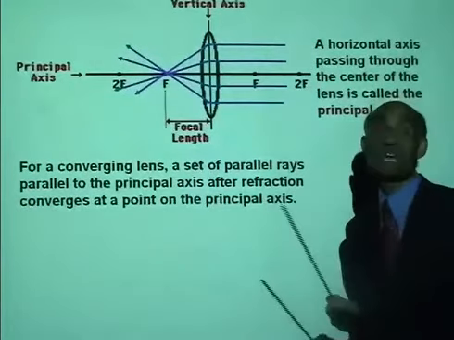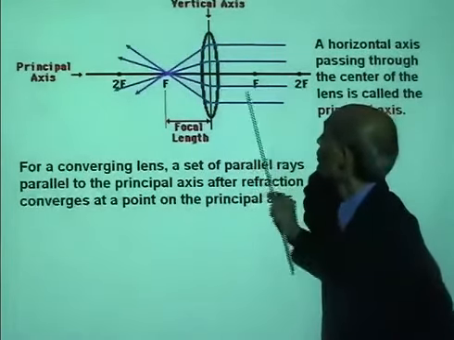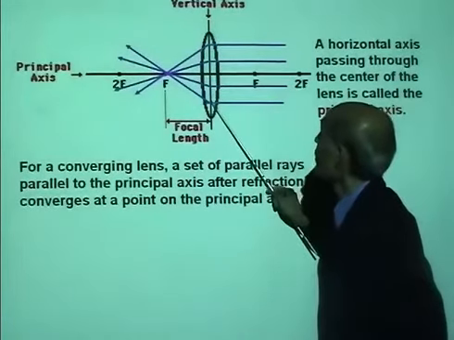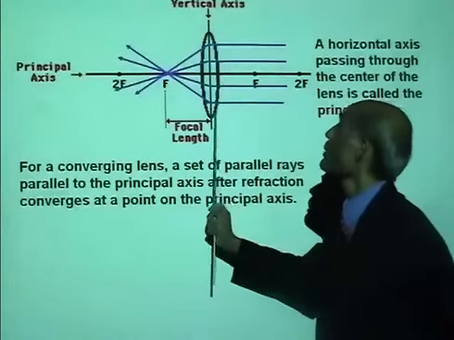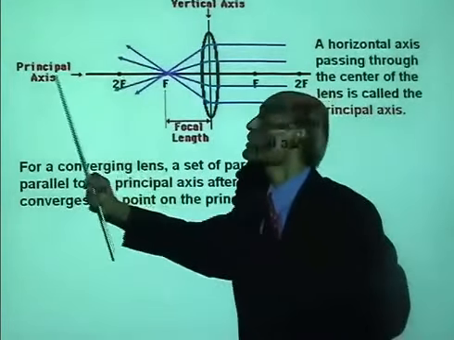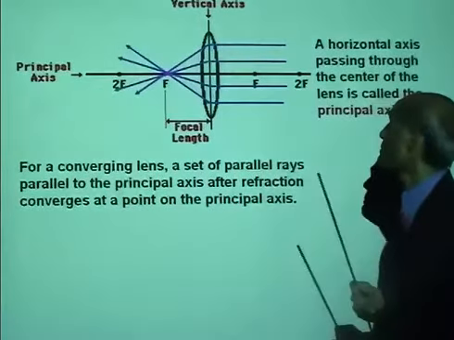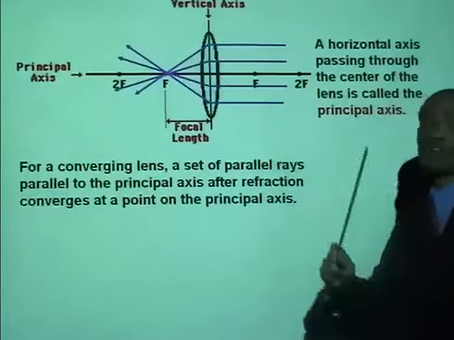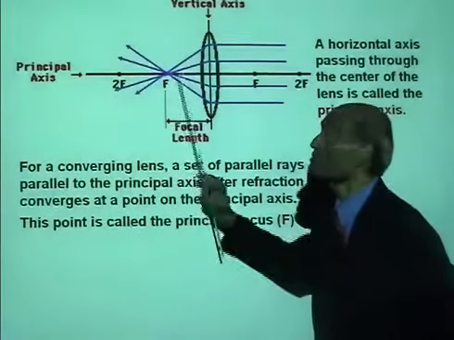So what can you say about a set of parallel rays falling on the lens? After refraction, after passing through the lens, they will all converge to one point on the principal axis. And that point is called the principal focus of the lens. So a lens has a principal focus.